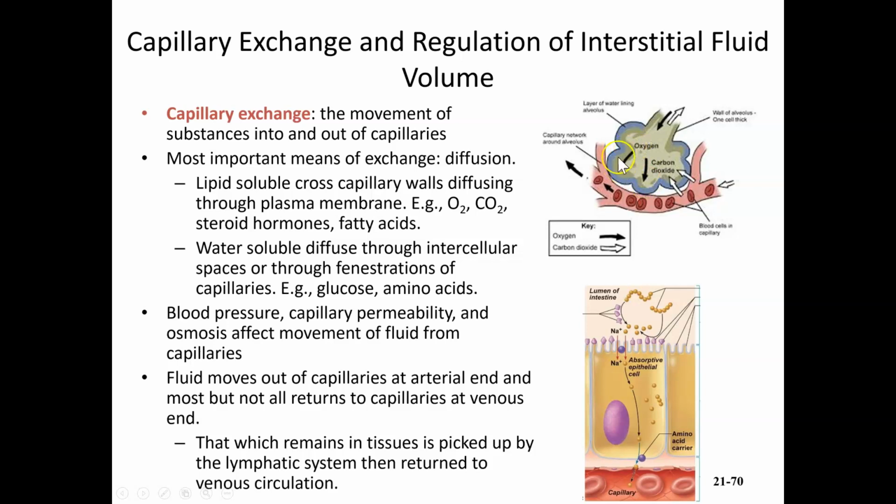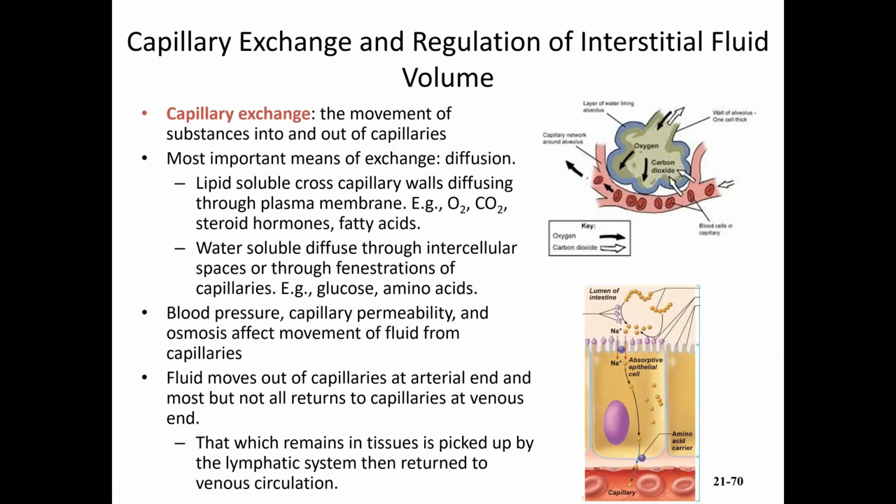So examples of this would be like oxygen or carbon dioxide, steroid hormones, or fatty acids. But when we have water-soluble molecules diffusing, it has to be through intercellular spaces or through fenestrations of capillaries, or we can also sometimes use certain transporters to get amino acids through the cell and into our capillary. Another example would be glucose.